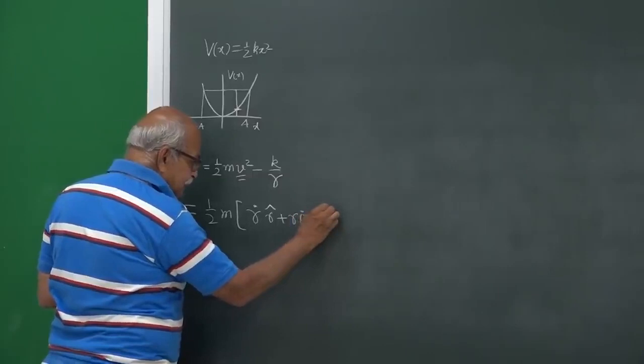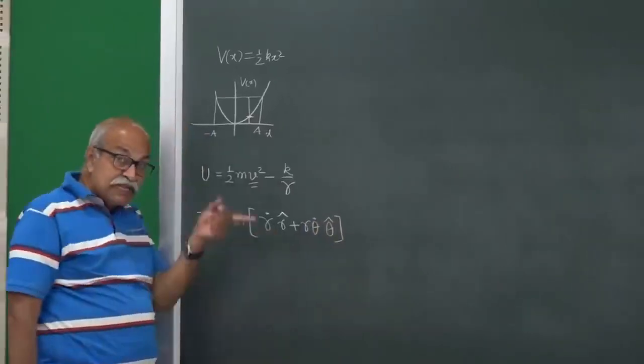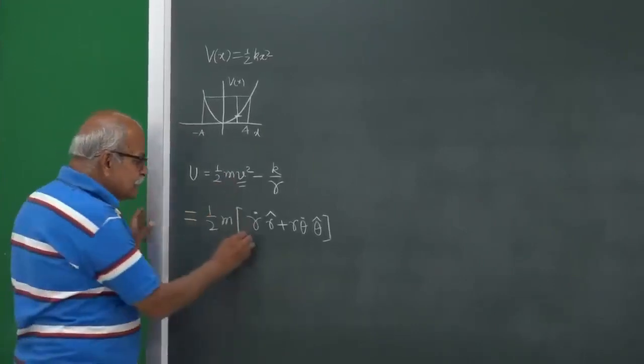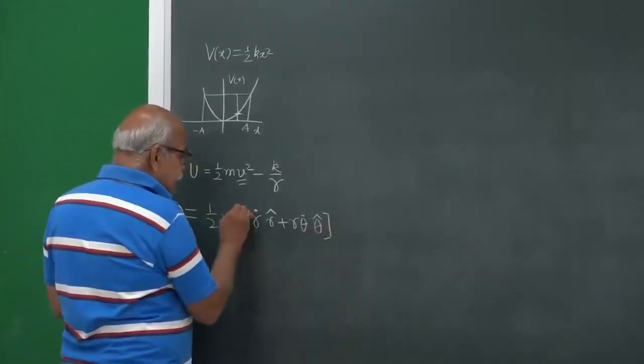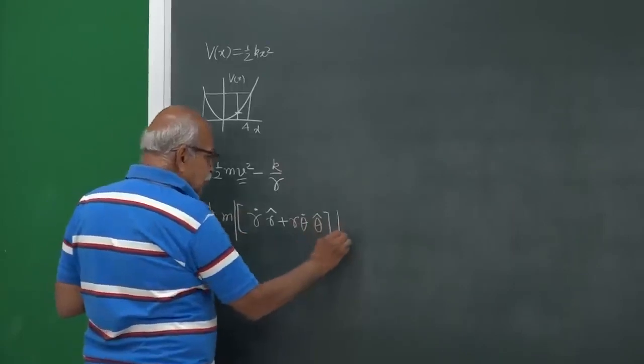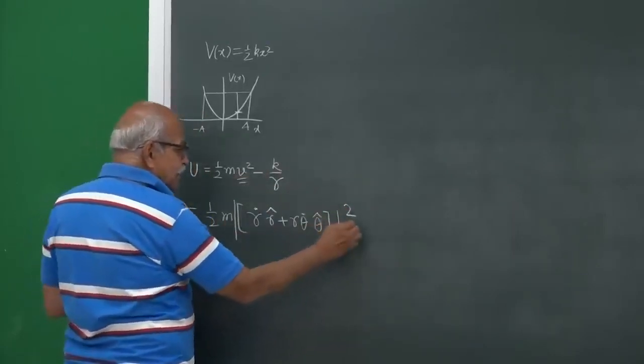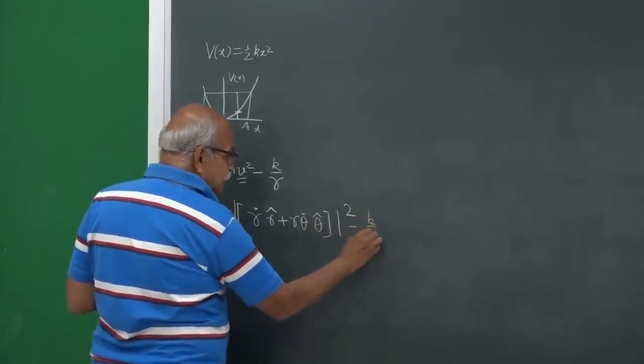This is the velocity vector. I had derived it in the previous lecture. If you look at it, the velocity vector v is given by this, and the magnitude of this whole square is here v square. So, this is v square and minus k by r.